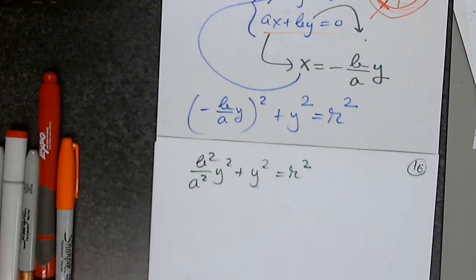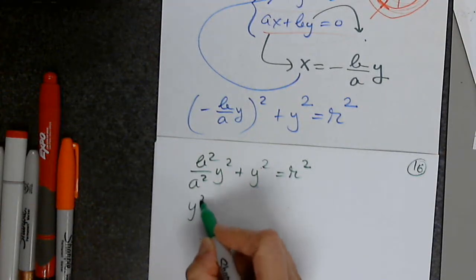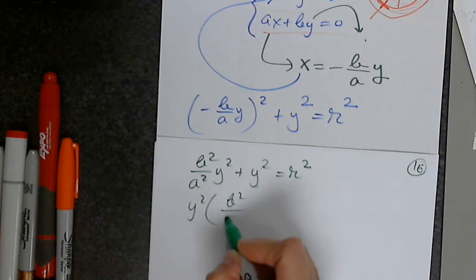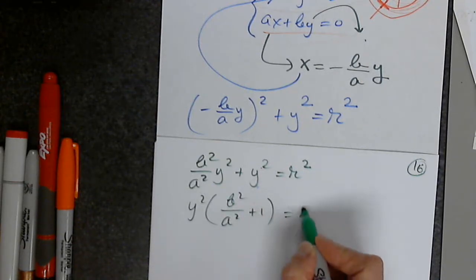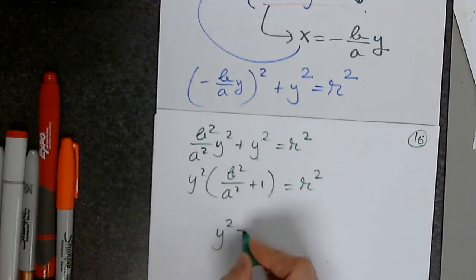Perfect. Next step. Still algebra. No calculus yet. Yes, I have to factor y squared. So I have b squared over a squared plus 1 equals r squared. So I'm solving for y squared.